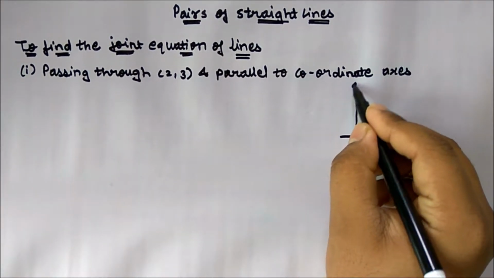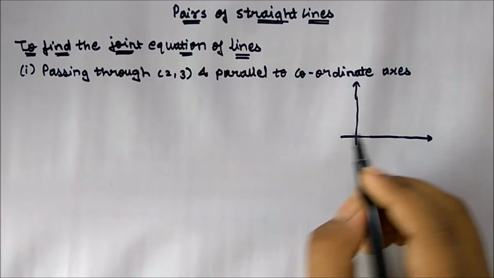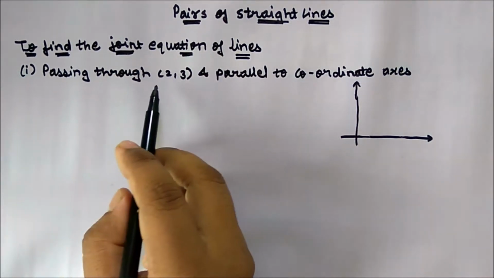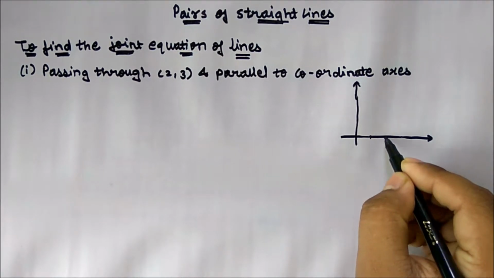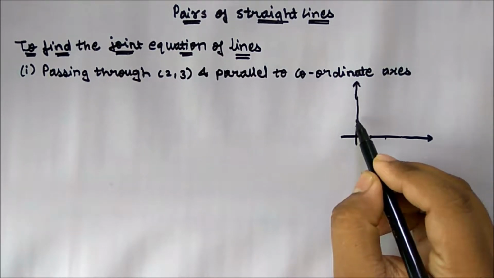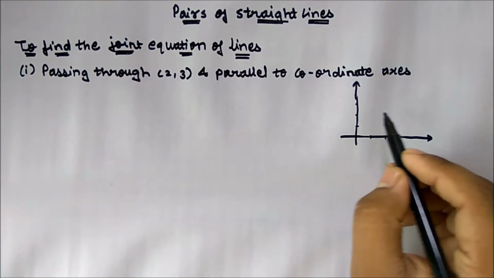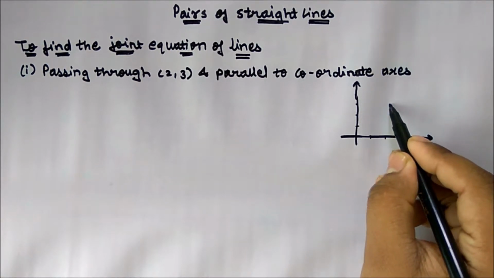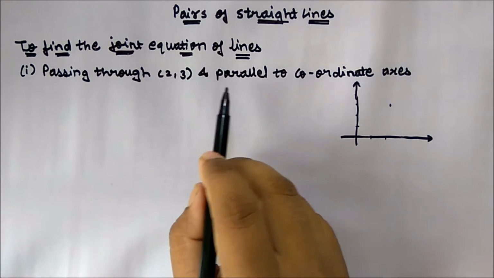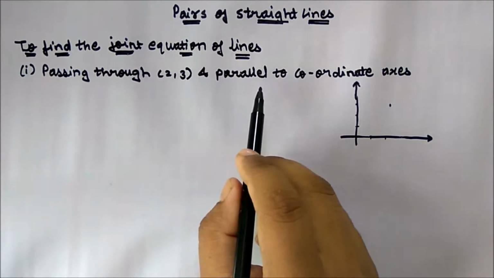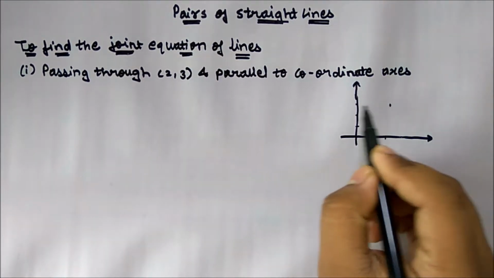We have been given that the lines are passing through this point (2, 3). Say this is point (2, 3) and it is given that the lines are parallel to the coordinate axes.